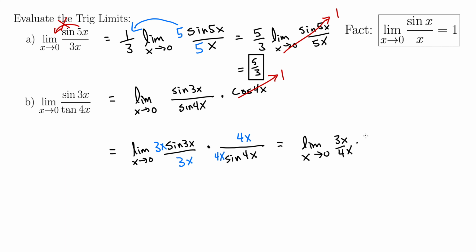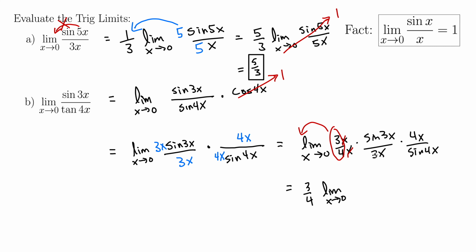And then we have sine 3x over 3x and 4x over sine 4x. Now look, these x's cancel out up front here, and this 3/4 comes out to the front of the limit, because that's just a constant, and that's one of our properties of limits. So we have 3/4 times the limit as x goes to 0.